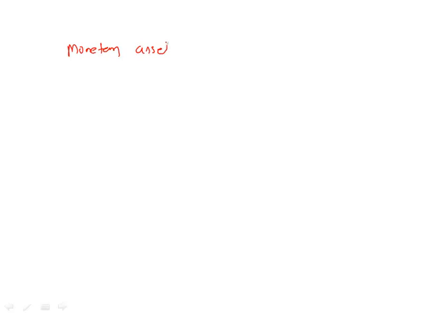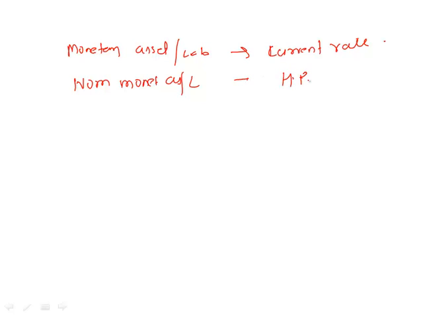Okay, I'll make you write later on. Monetary assets and liabilities would be shown at the current rate, that means the rate on the date of the balance sheet. But non-monetary assets and liabilities would be shown at the historical rate.